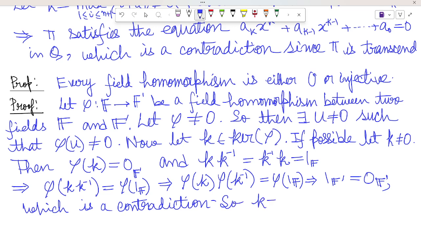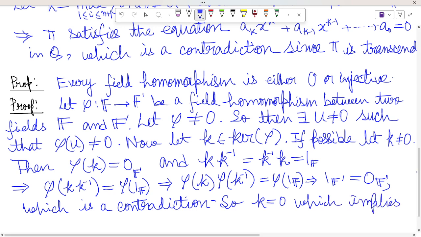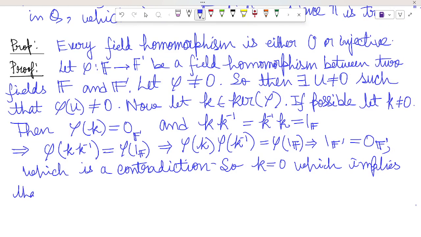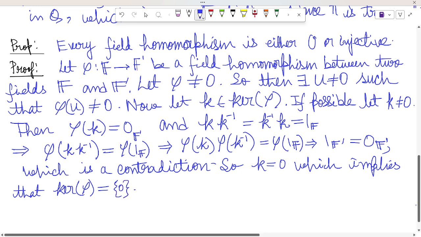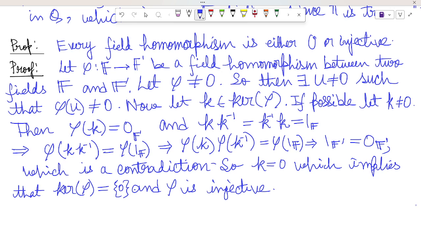So k equals 0, which implies that phi is one-one. Did you understand the proof?